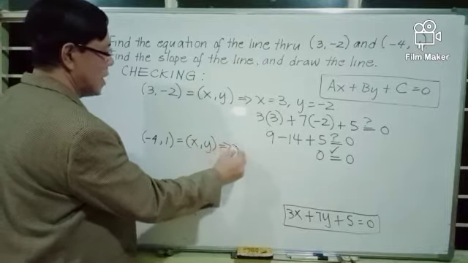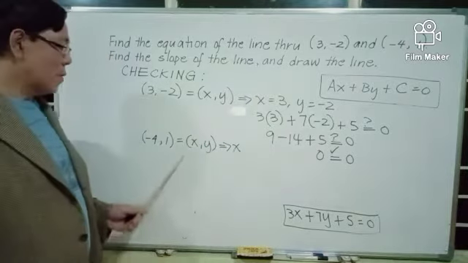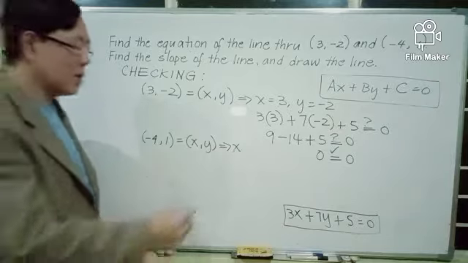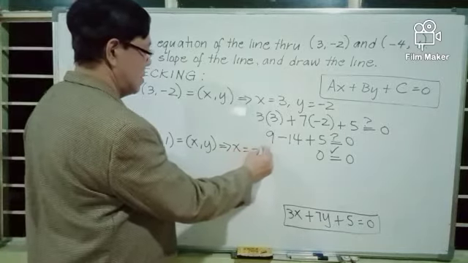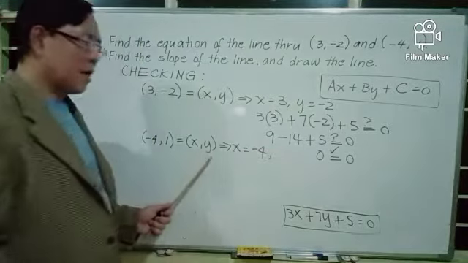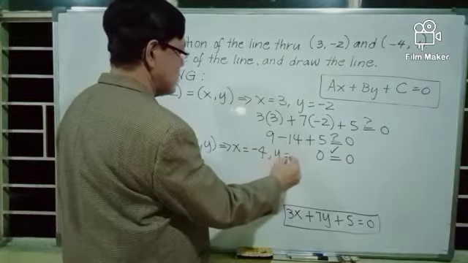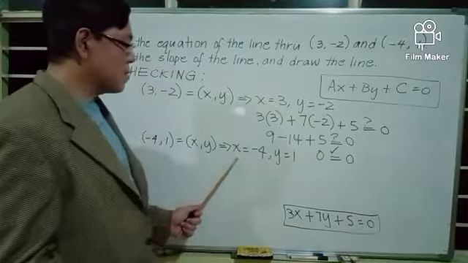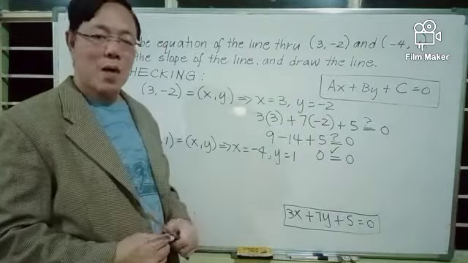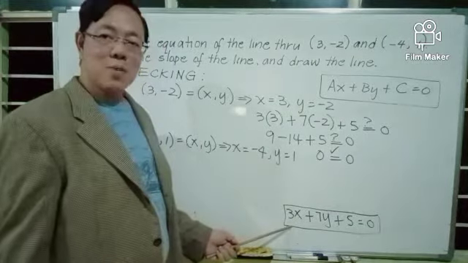This implies our x now is negative 4, and our y is 1. And we substitute these values of x and y into the equation of the line.